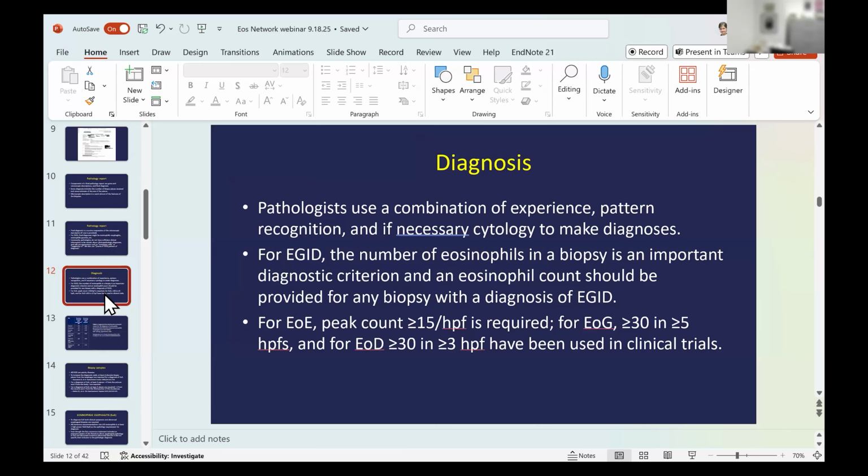And for EGID, of course, that is the eosinophil. And the number of eosinophils in a biopsy is currently an important diagnostic criterion for diagnosis of EGID.